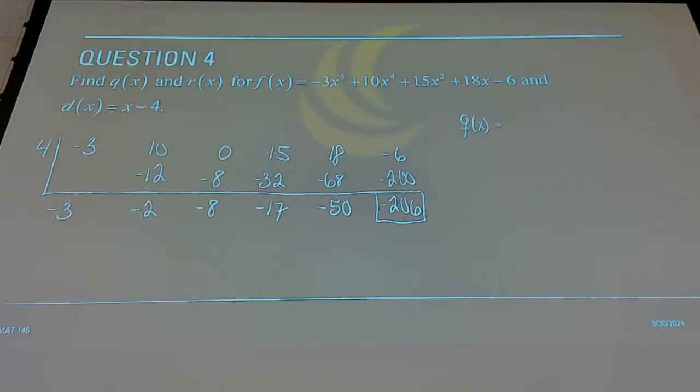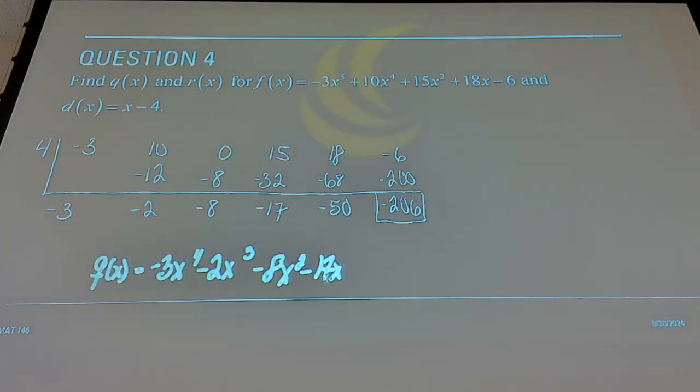The degree of the quotient is what? Write it down here then.